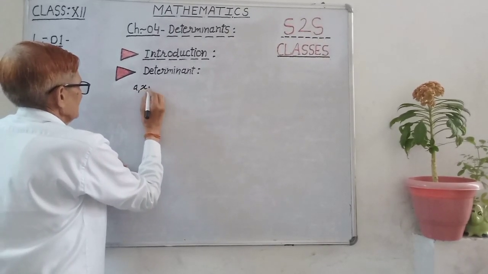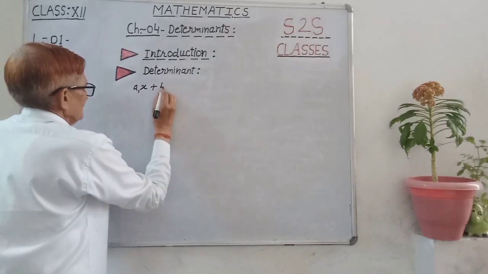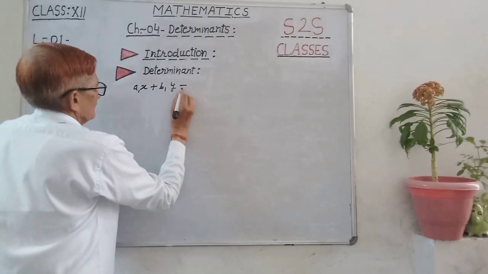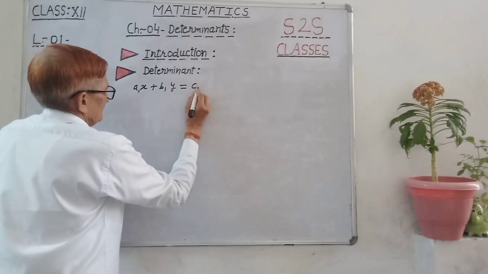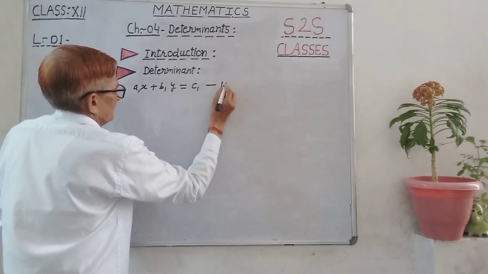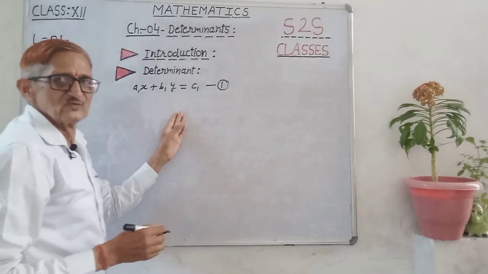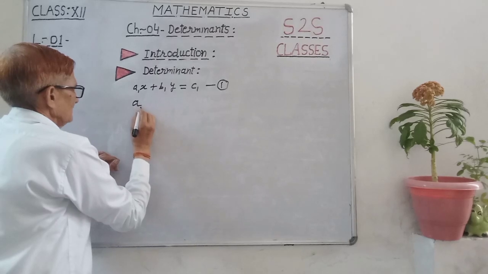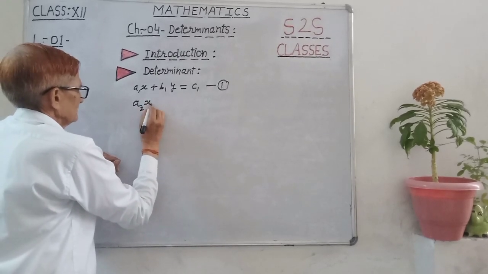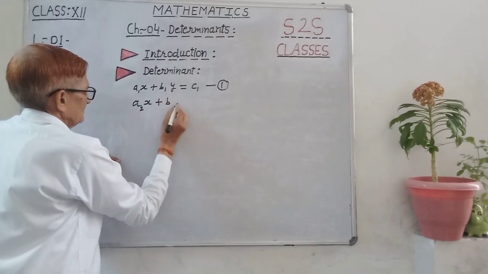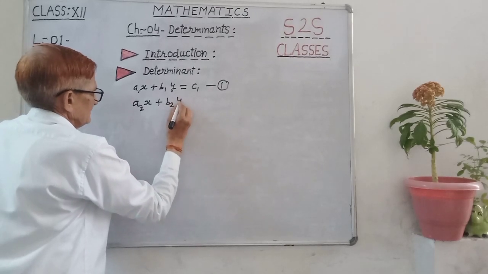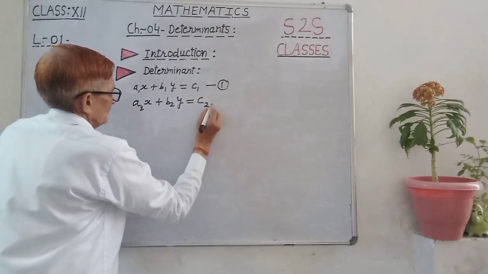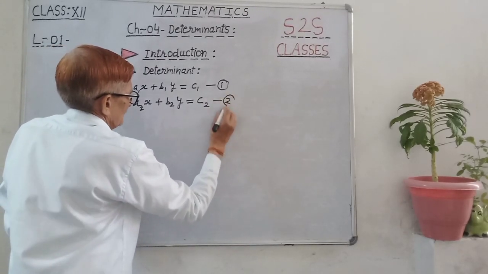Now you can see: a1x plus b1y equal to c1, this is equation number 1, a linear equation in 2 variables in standard algebra form. Then second, a2x plus b2y is equal to c2, equation number 2.